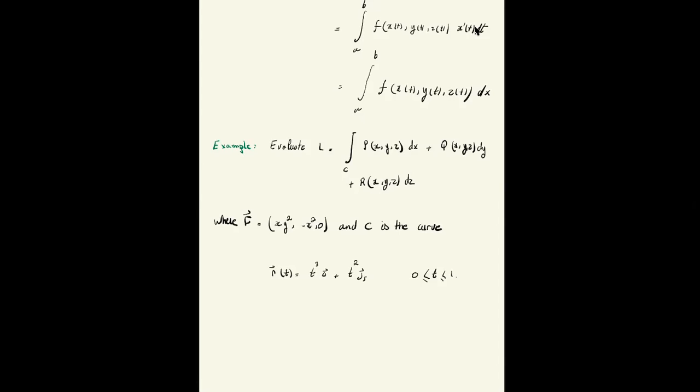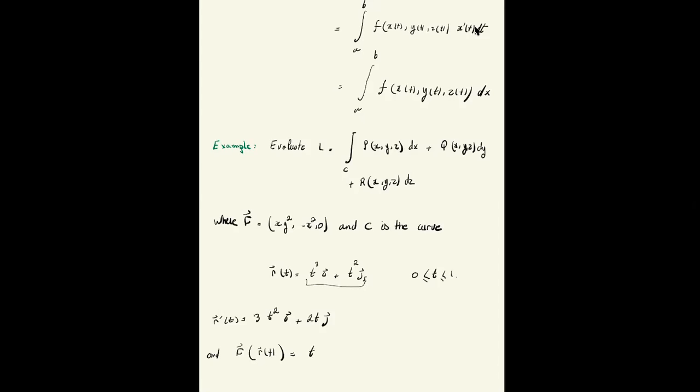So this is mechanical. What is r prime? r prime is 3t squared i plus 2t j. And what is F evaluated at the point r(t)? You just take t and plug in.